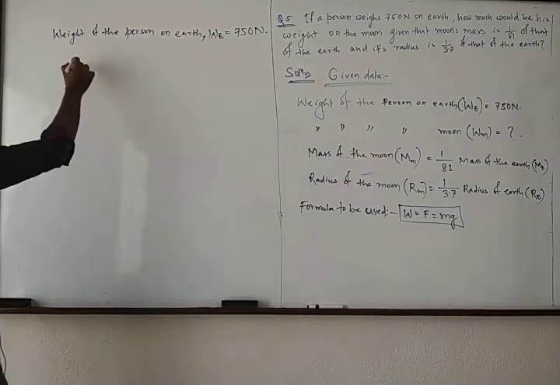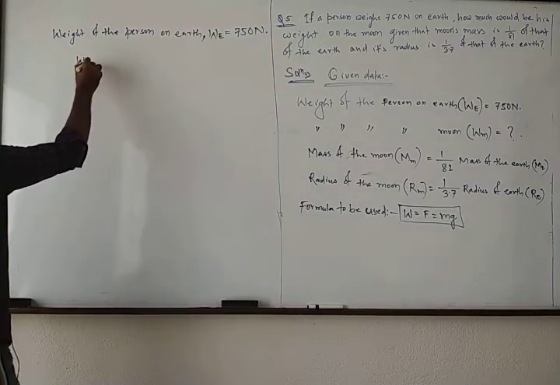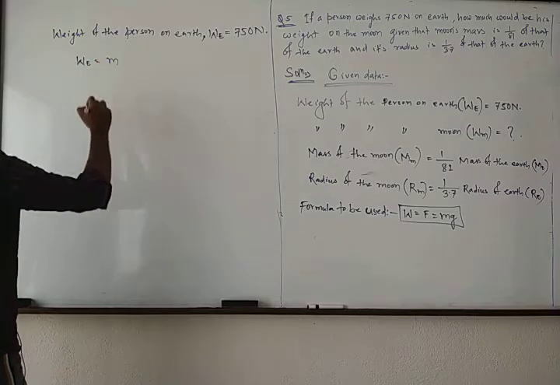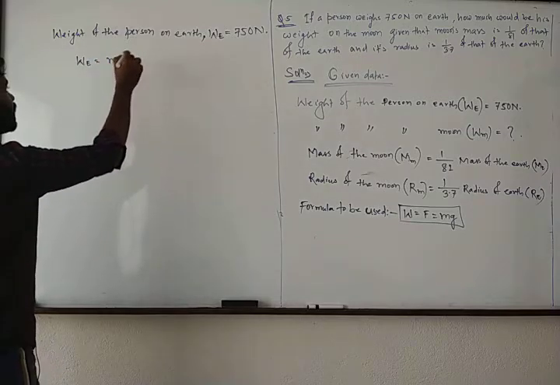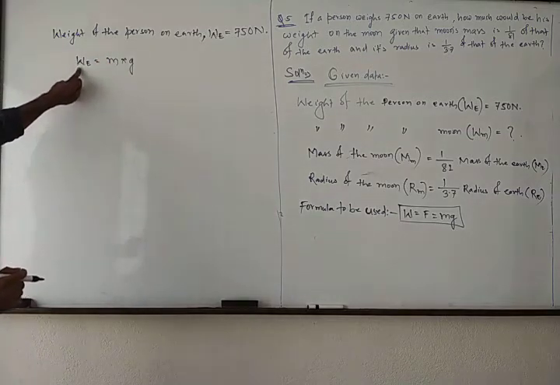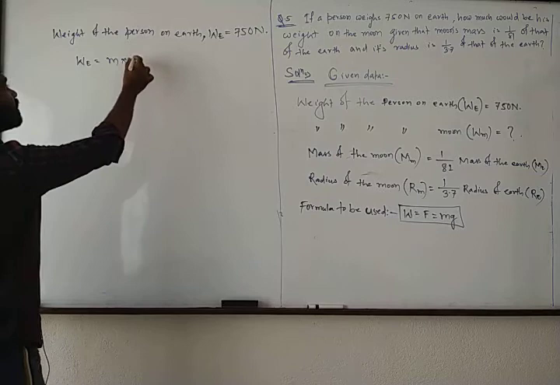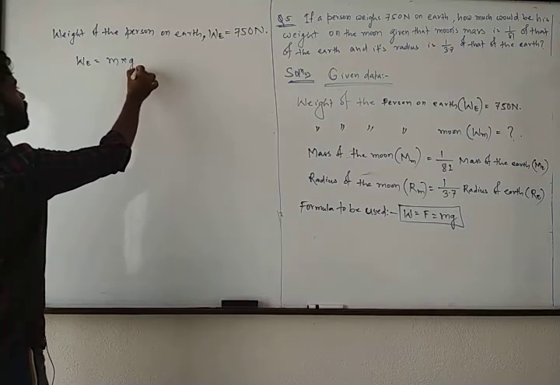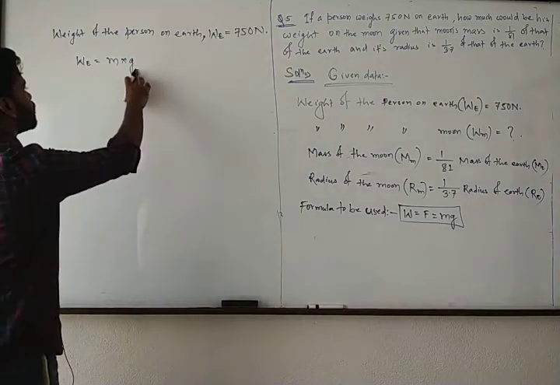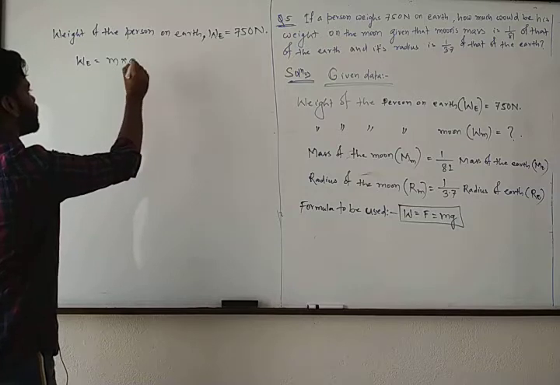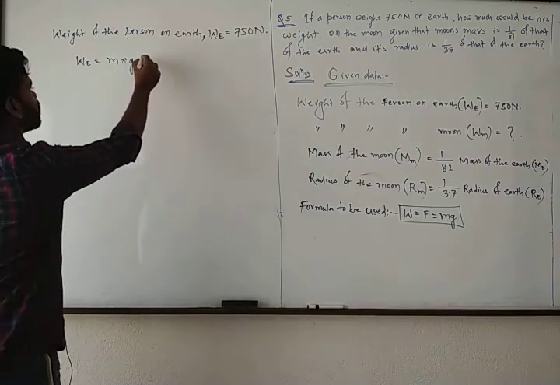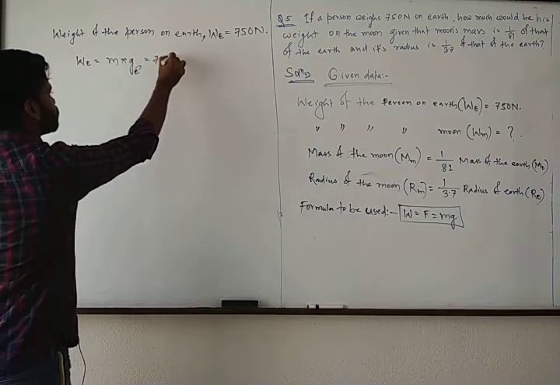And to know the formula for weight, it is mass into acceleration due to gravity. Since we are calculating the weight on the surface of Earth, I have to take the acceleration due to gravity on the surface of Earth, that is g subscript E, and it is equal to 750 Newton.